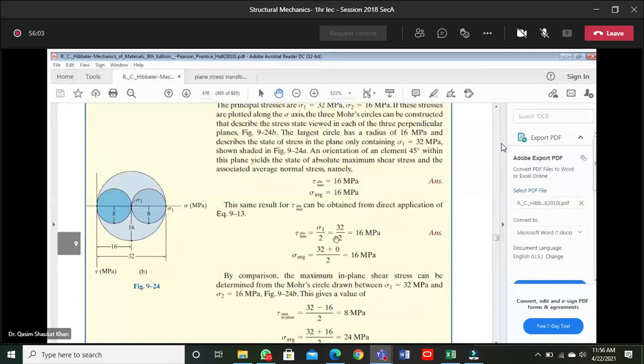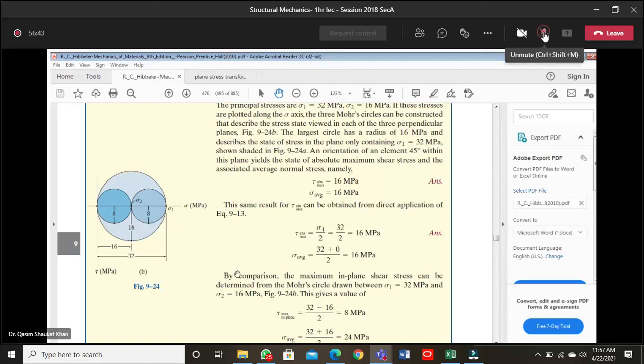Sigma 1 is 32, sigma 2 is 16, so 32 minus 16 over 2, so you will get 8 megapascals. Guys, is this clear? The numerical is very simple. You just have to draw the figures just like the figure which we have drawn earlier, and then we can just put the values of sigma 1 and sigma 2 and we can directly get the answer. Is this clear?